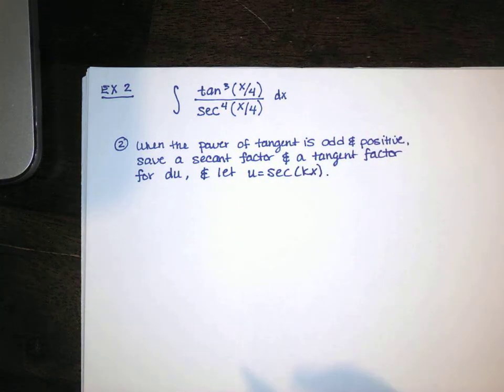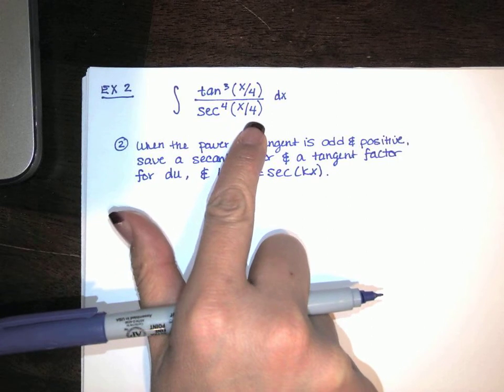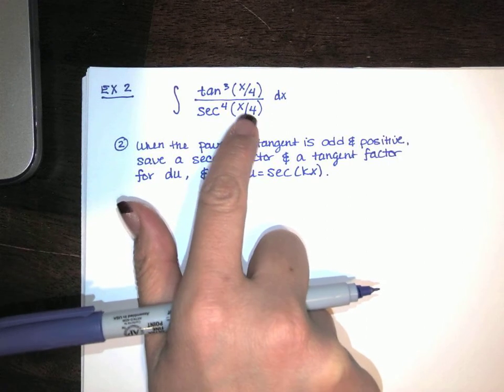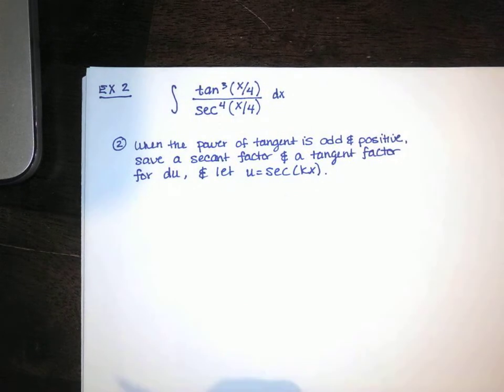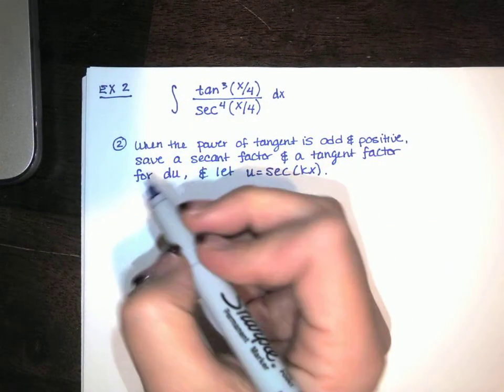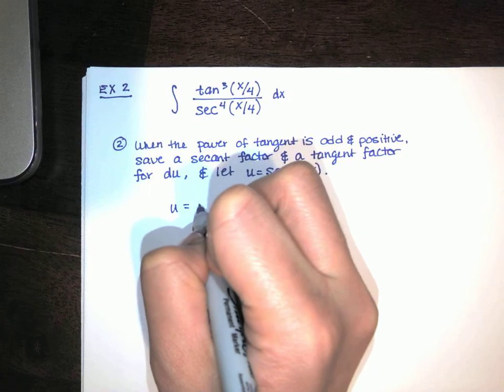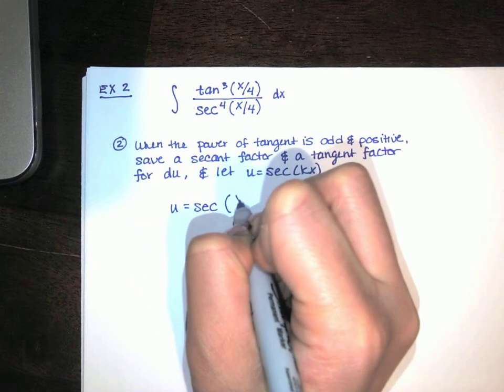In this case, we've got secant of x over 4. So you're going to leave the angle alone. It's always going to be a constant times x, for most of these problems, unless we have to do a u sub first. So we're going to have u equals secant of x over 4.